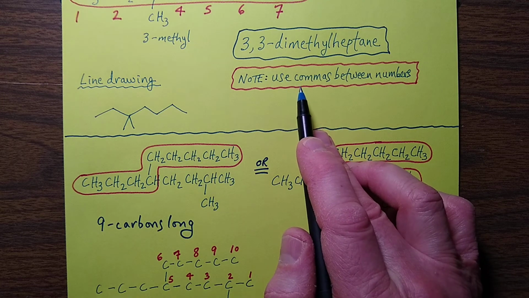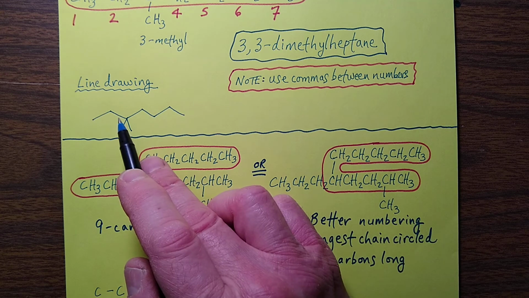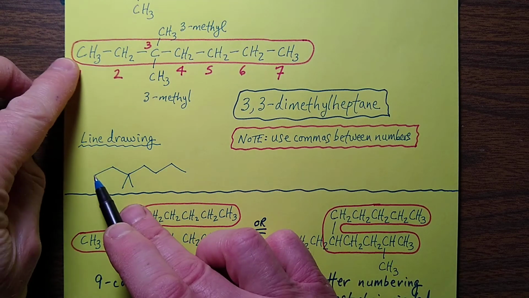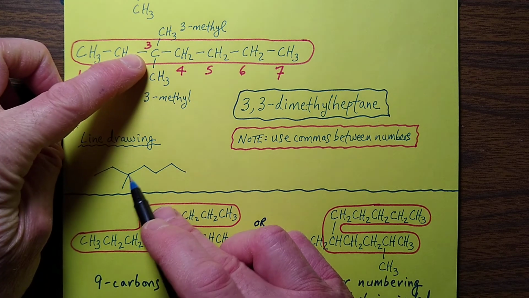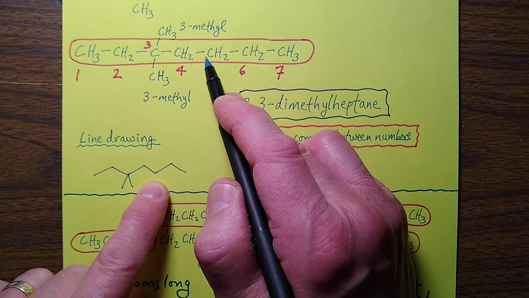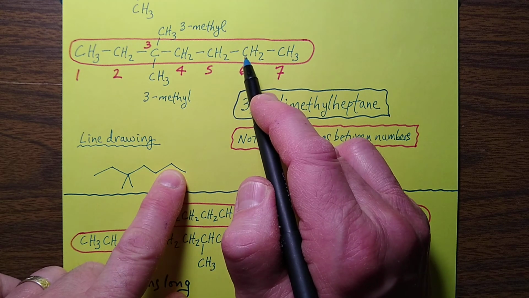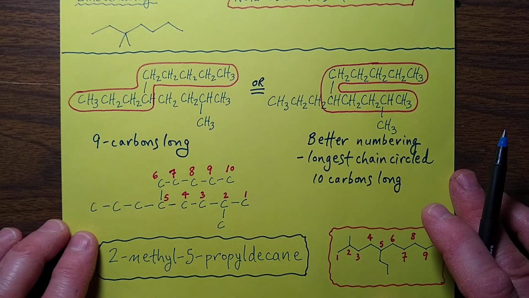Notice how I use commas between the numbers, not dashes. Here's the line drawing of this compound. CH3, CH2, third carbon with my 2 methyl groups, CH2, CH2, CH2, CH3. Hope you're trying to get the hang of this.